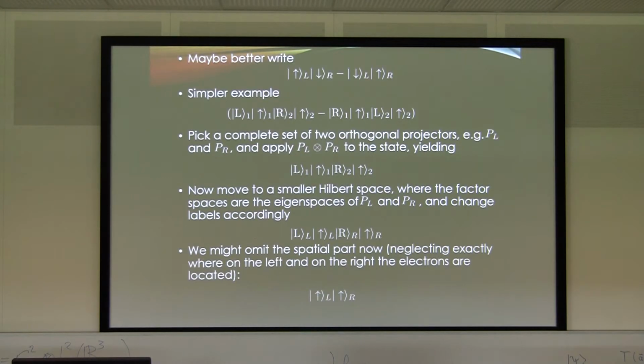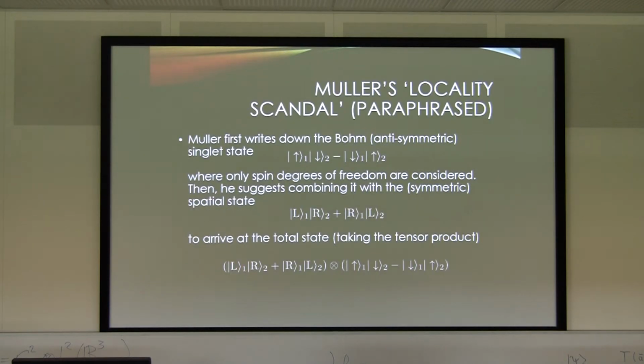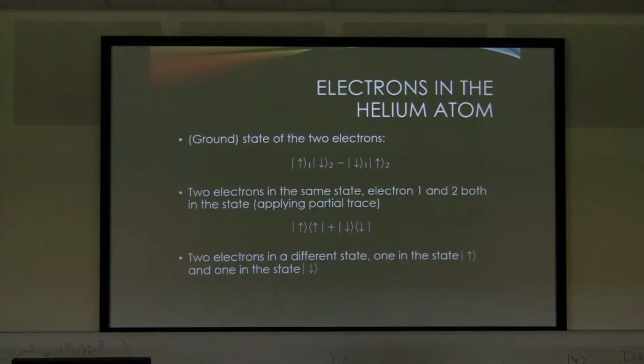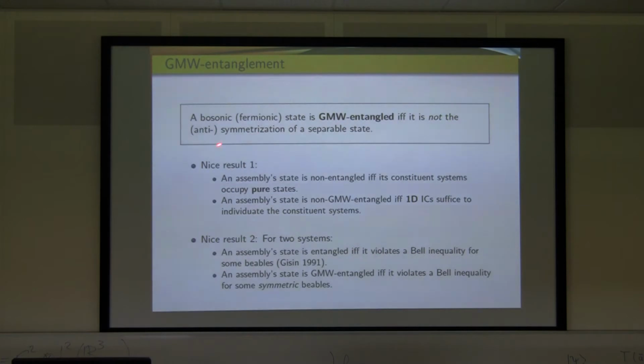Instead of just asking whether it is a product state or not, because that obviously doesn't work, since we want this state to be not entangled and this state to be entangled. GMW entanglement is one attempt to do this, defined as: it's entangled if it's not the anti-symmetrization of a separable state.